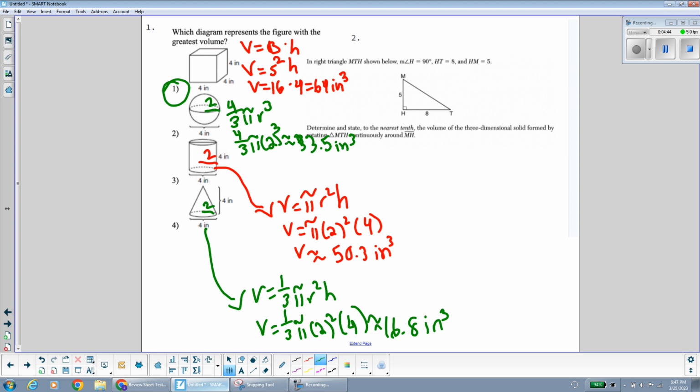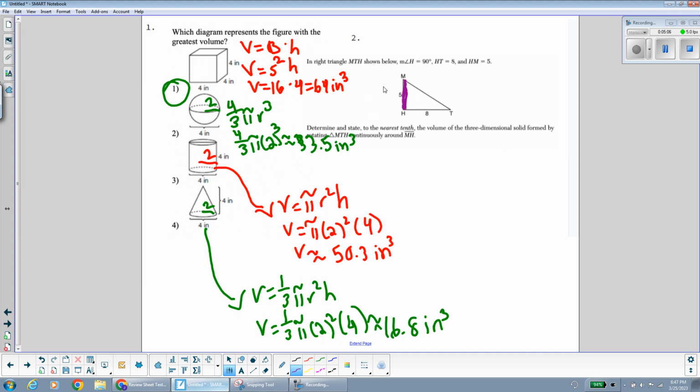In the second question we have here, it says determine and state to the nearest tenth the volume of the 3-dimensional solid formed by rotating triangle MHT continuously around MH. So we're rotating this right triangle around its side MH.